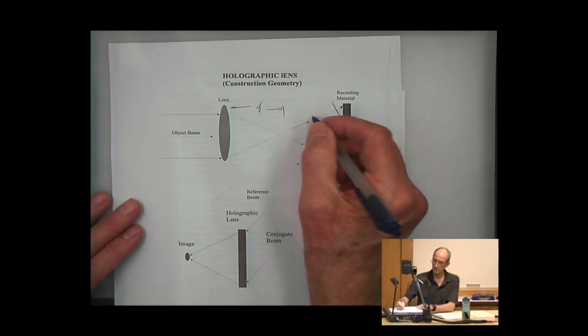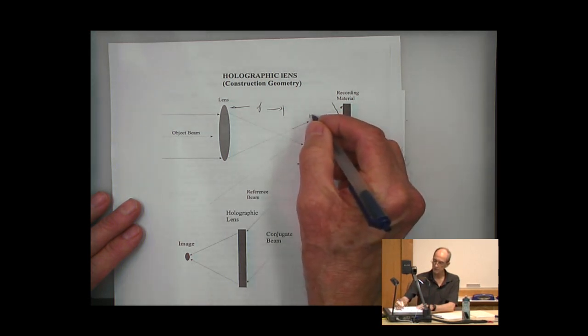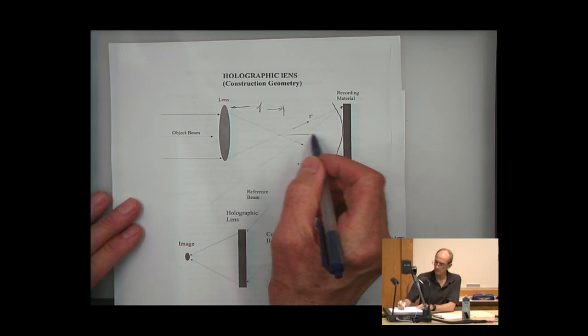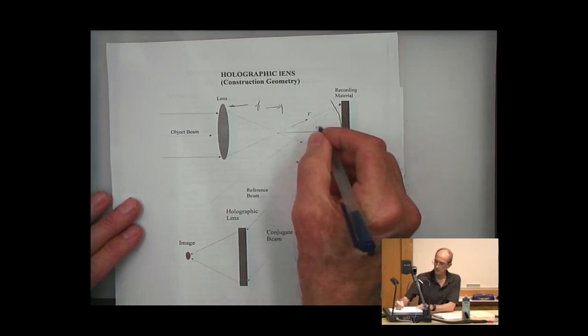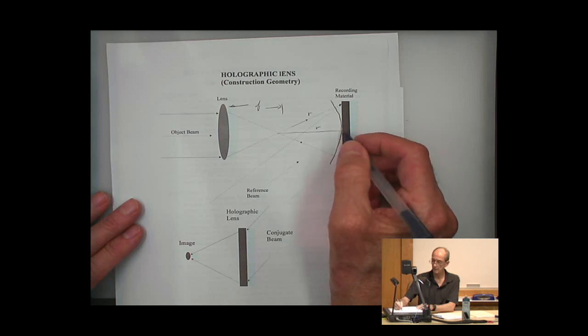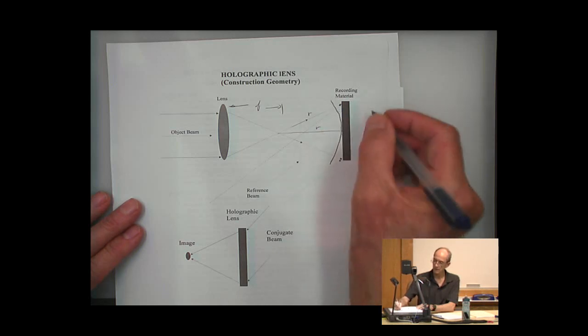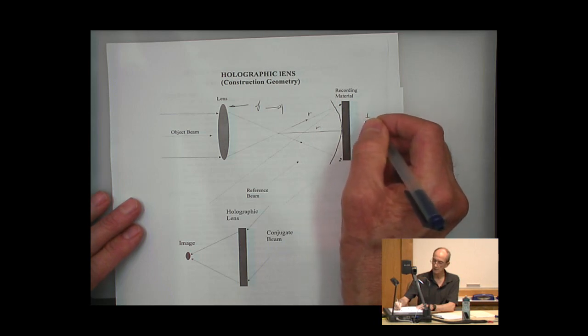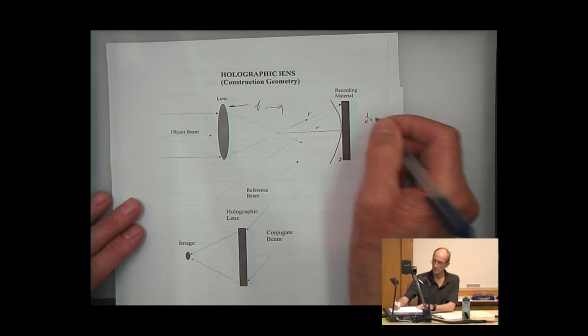If this is the radius, the highest beam irradiance that's going to hit the film plane is along the axis, but as we go off the axis, we lose intensity by 1 over r squared.